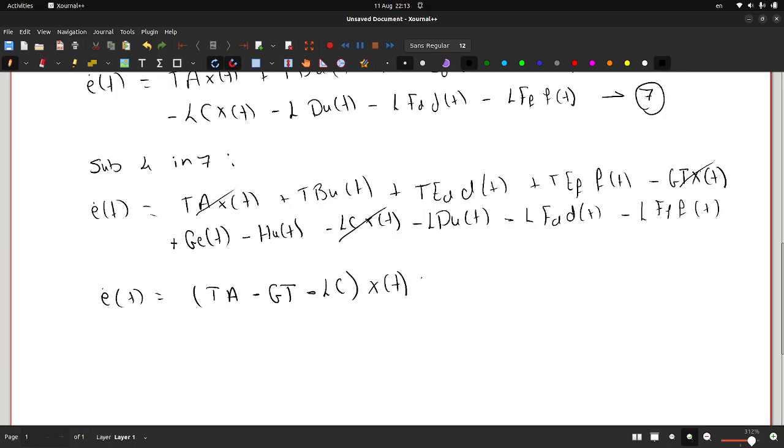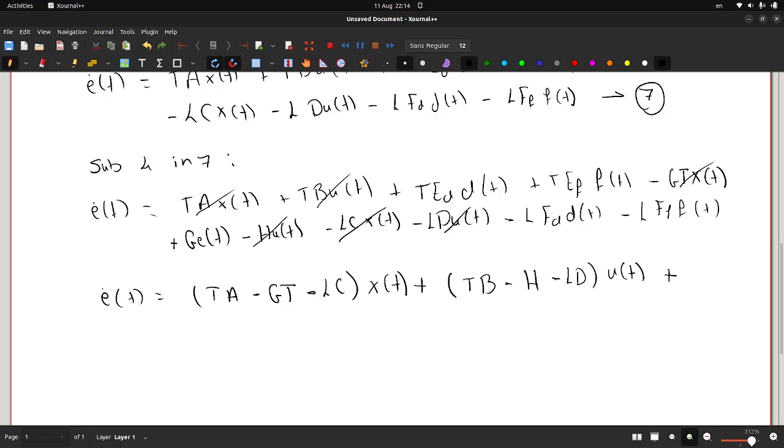Now in u, plus first term is TB minus H minus LD, and we're done with terms in u of t.